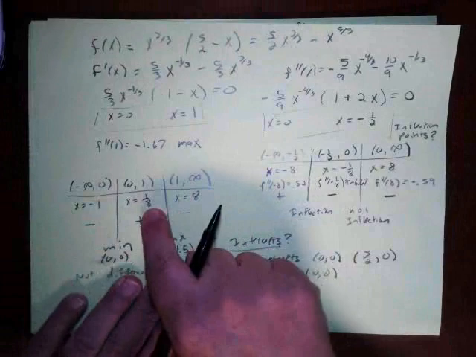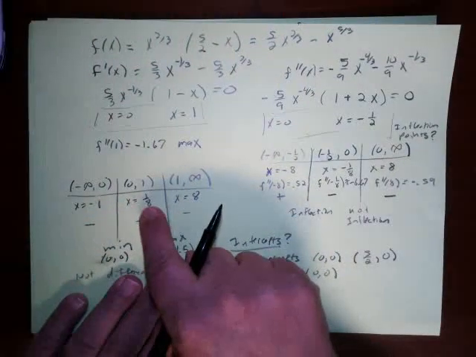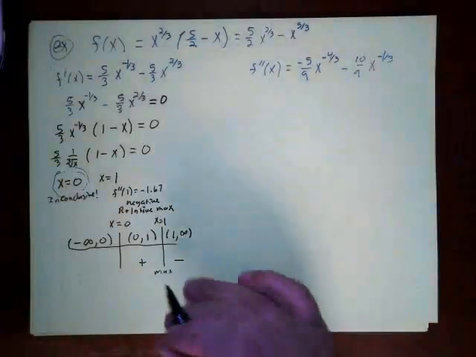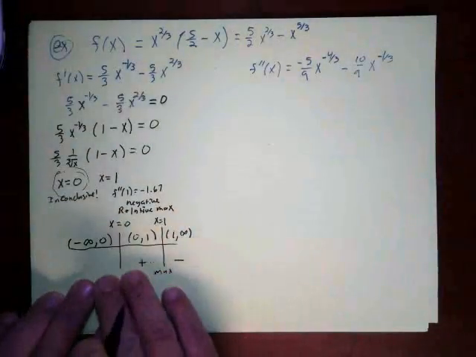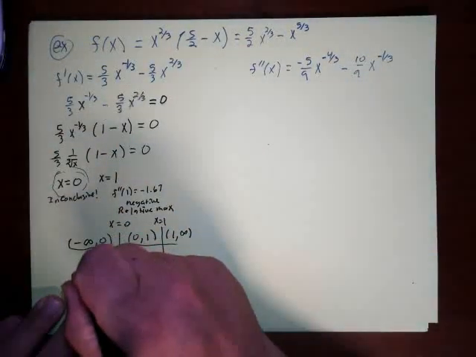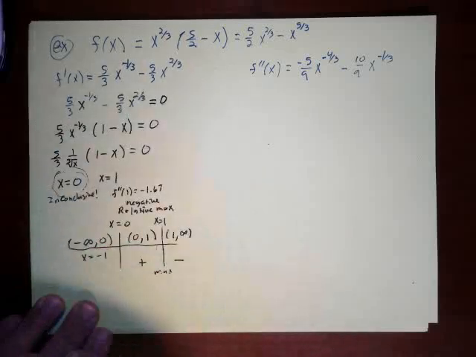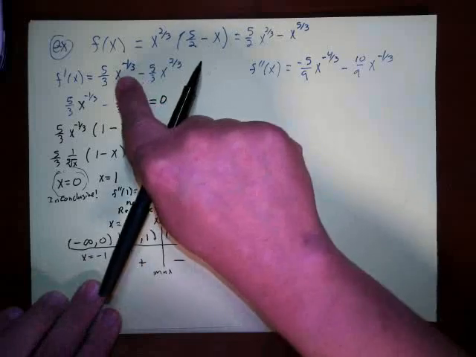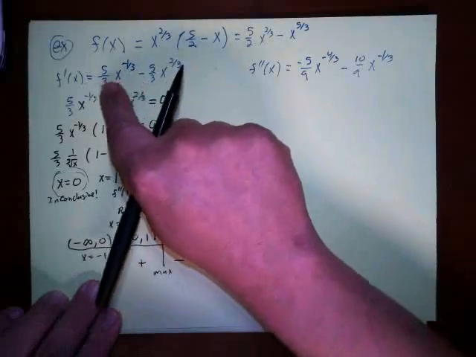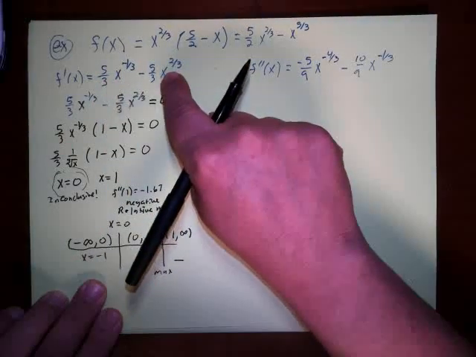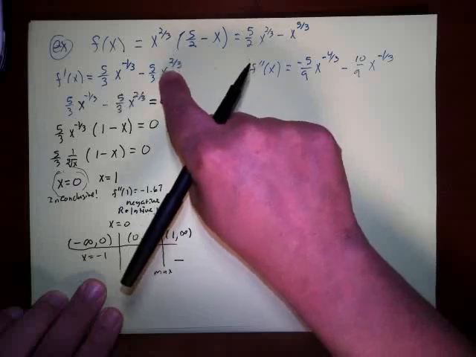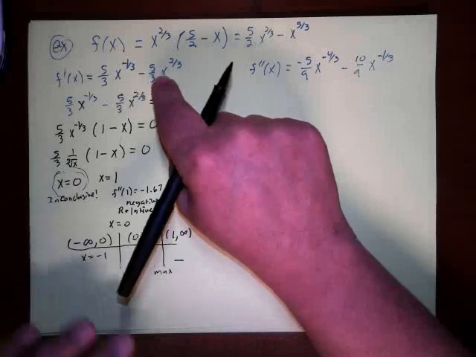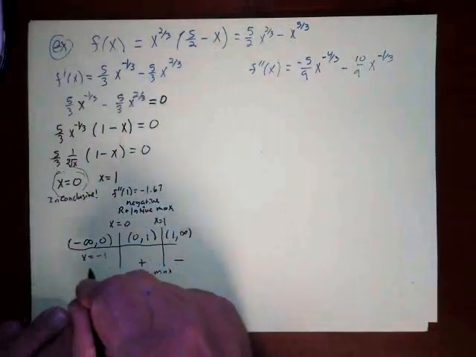I picked 1/8 here because it worked well with the cubed roots. But technically I wouldn't need to. I just need to put in a test point here, and a good test point would be -1, because then this cubed root of -1 would be negative, so that would be -5/3, and then the -1 squared would be +1, cubed root would be 1, and you would have a -5/3, and the thing is you would get a negative.